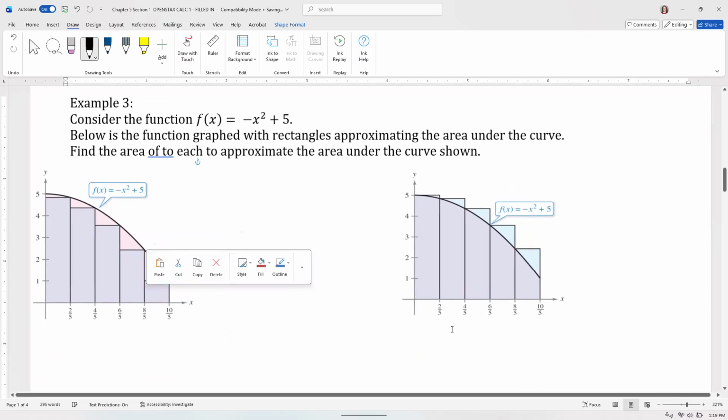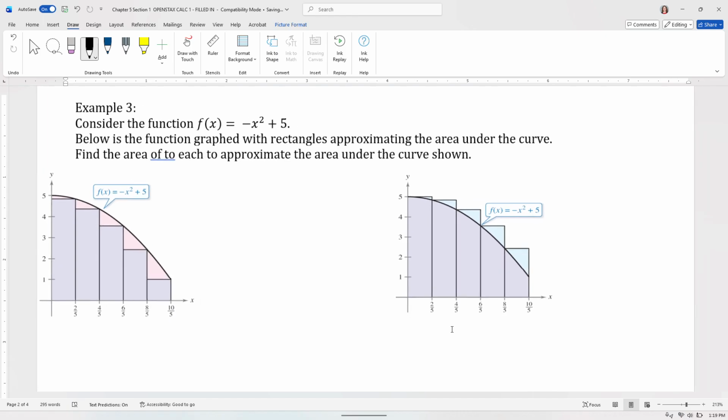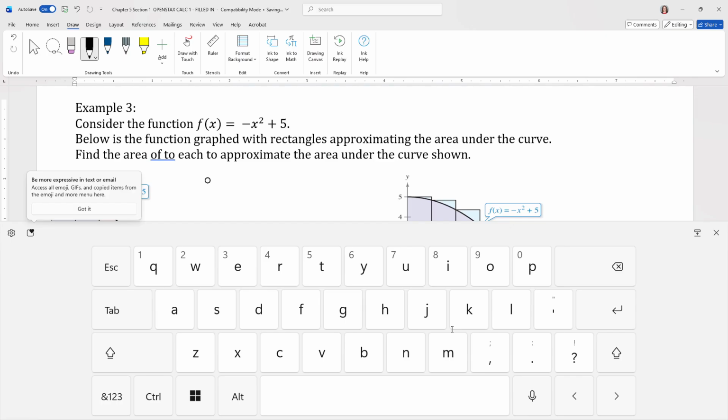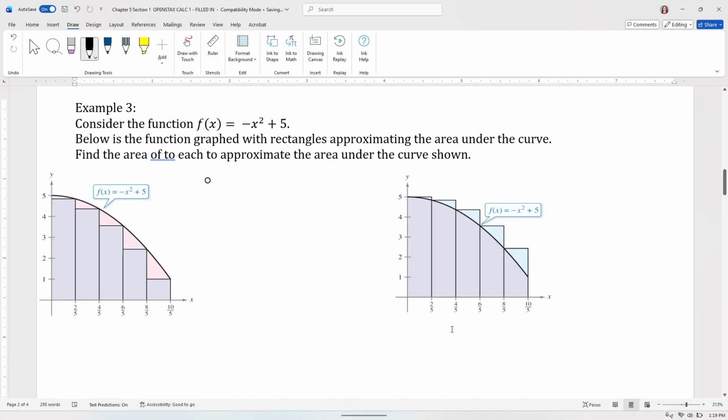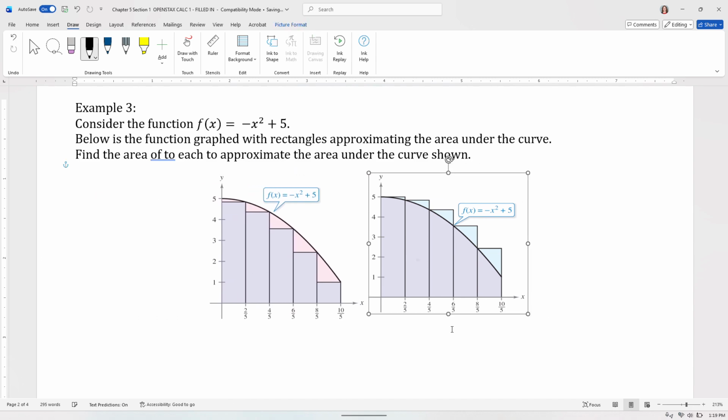Okay, the meat of this section is looking at the area under curves. Okay, I promise I'll tie this into summations here in a little bit. For this one, you can see that we have an area under a curve. I'll just squeeze them both together closer.